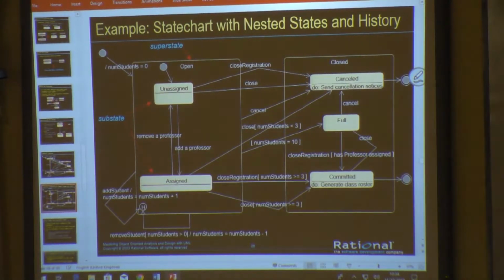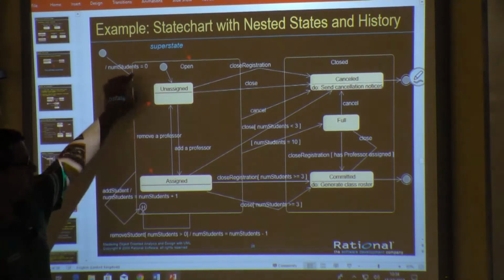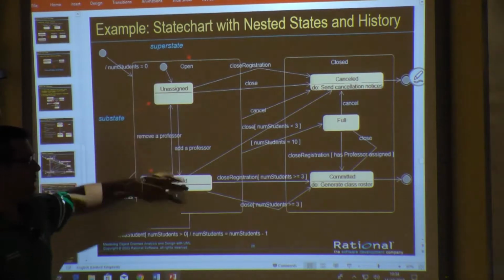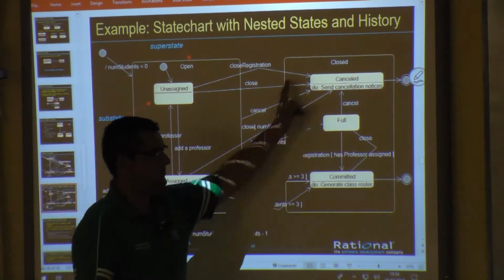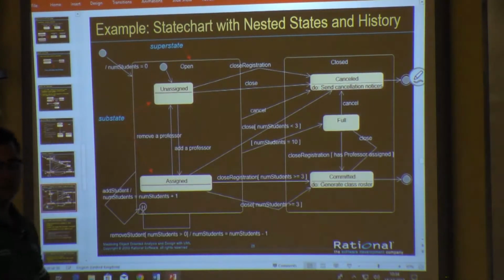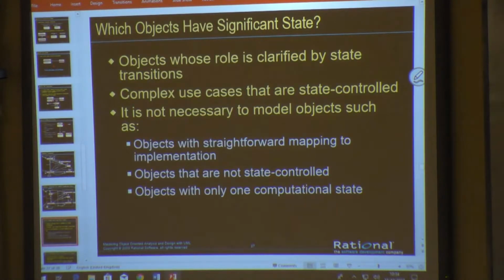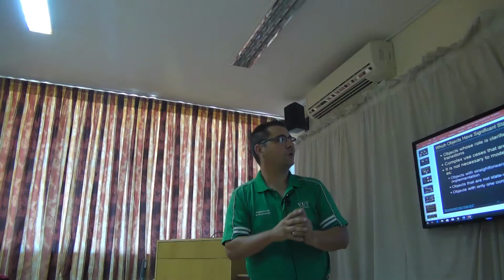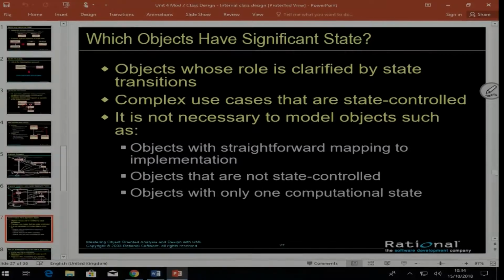Now what you're seeing is that they can also add, for example, nested areas where we can have boundaries and say, but these two belong together and that section belongs together. Okay. So how do we decide which objects have significant state? What they're telling us: objects whose role is clarified by the state transition.